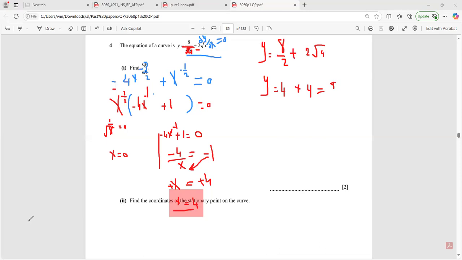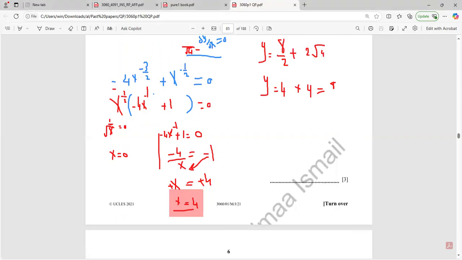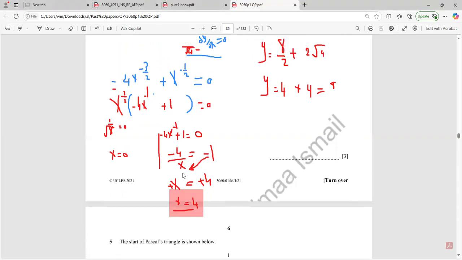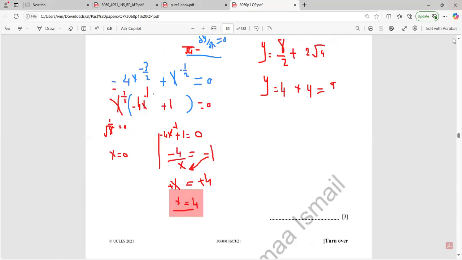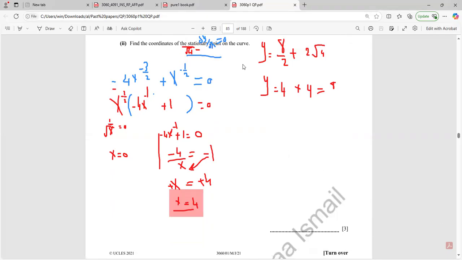So the stationary point is x equal to 4 and y equal to 8. The stationary point he asked about is (4, 8): 4 in the x and 8 in the y, and done. Let's see the next.